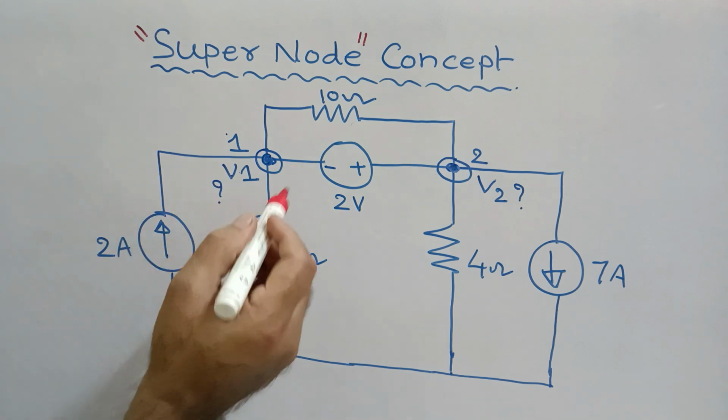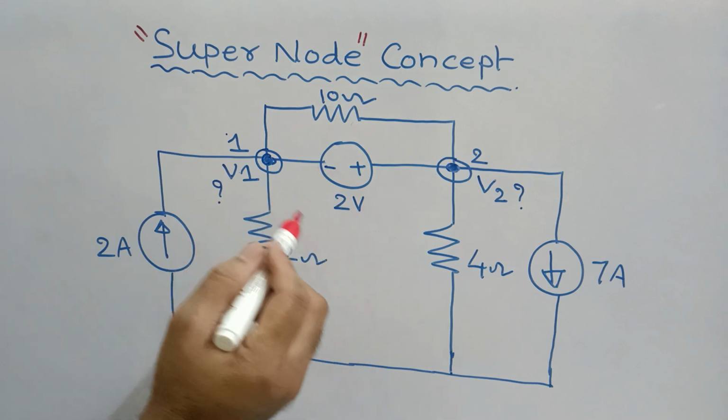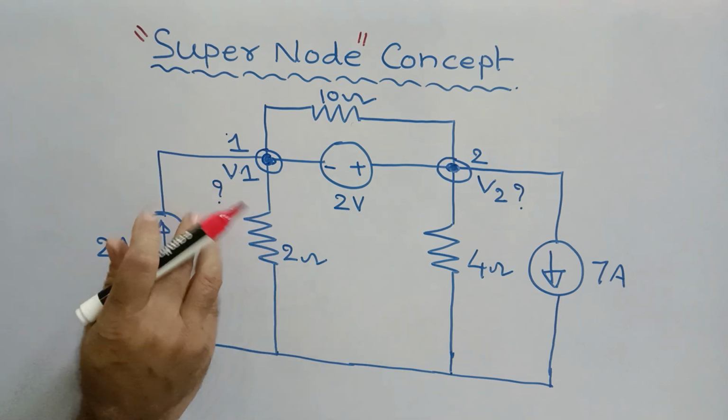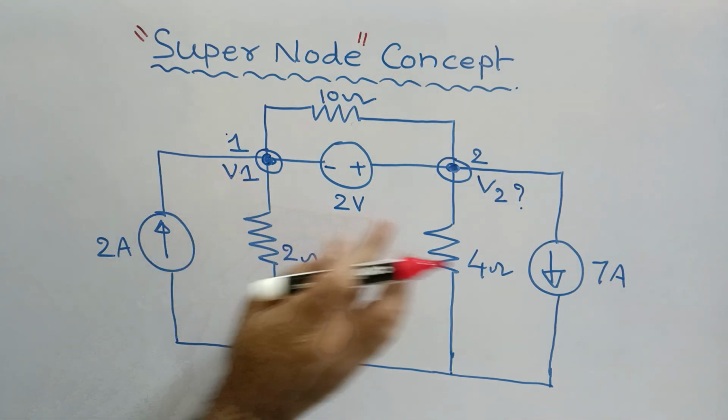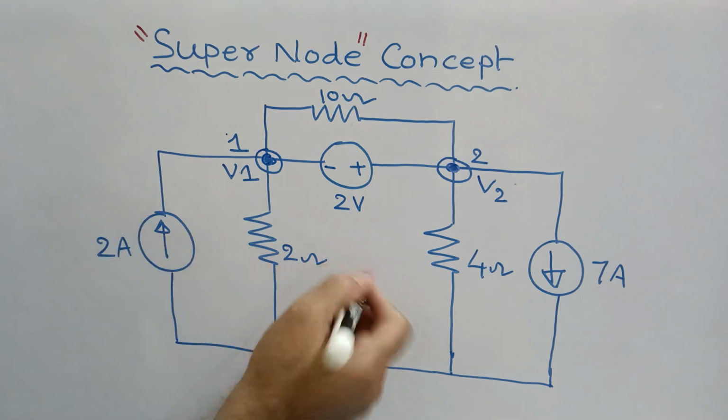But let us consider this particular circuit, where by using nodal analysis we cannot easily solve this question directly. By using nodal analysis it will be a little bit complex to solve this question.